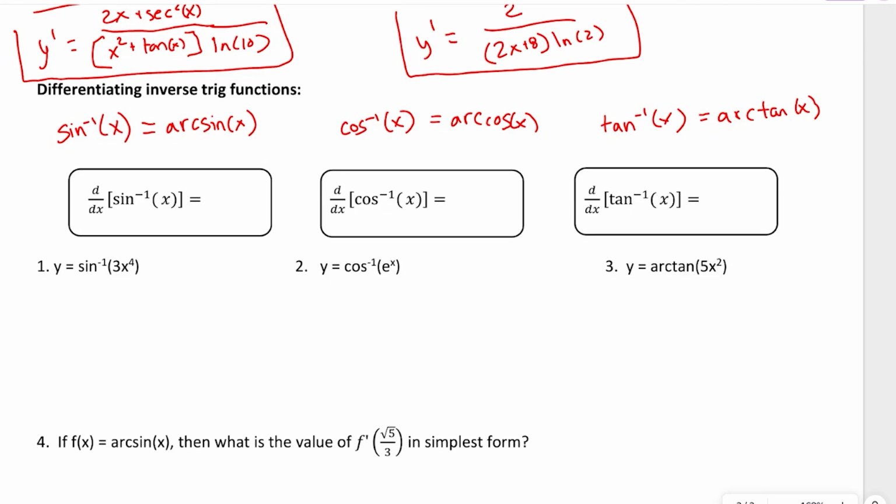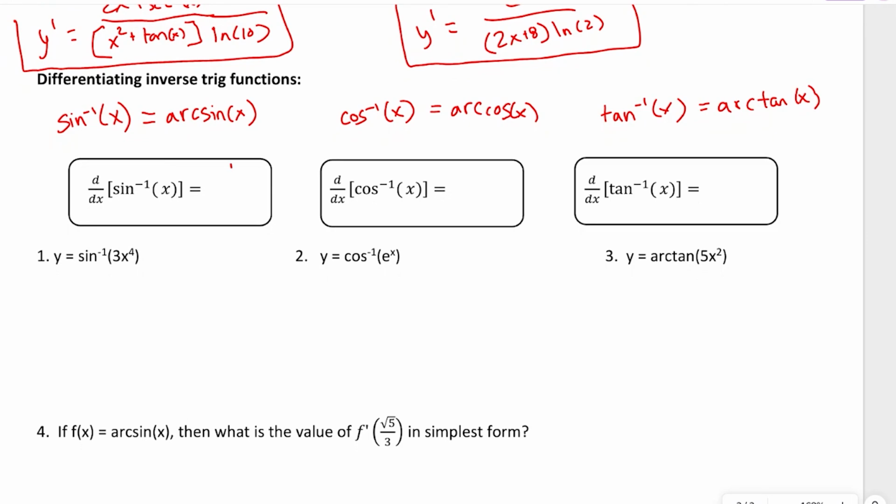For this first one, the derivative of the inverse of sine is going to be 1 over the square root of 1 minus x squared. The derivative of inverse cosine is going to be the exact same thing except negative. So negative 1 over the square root of 1 minus x squared.